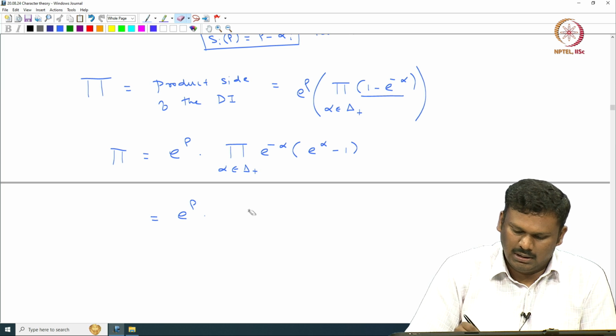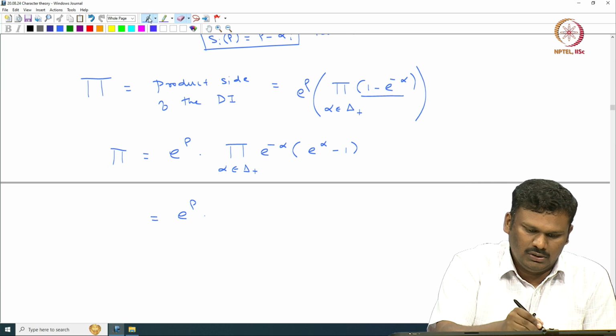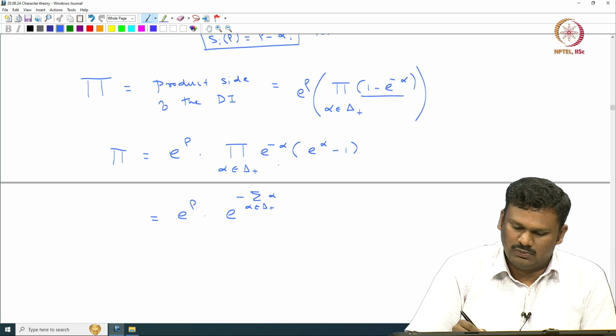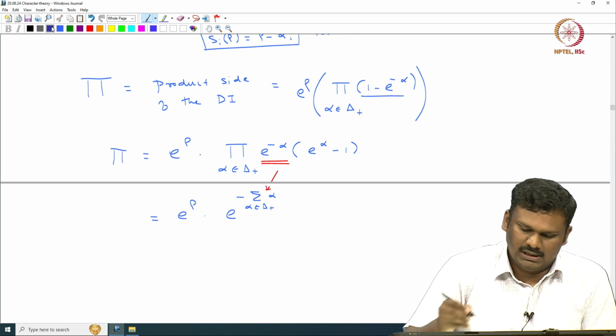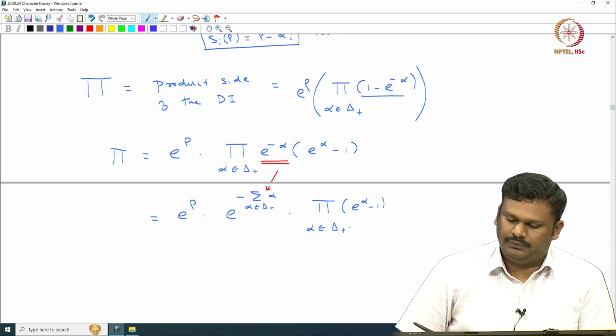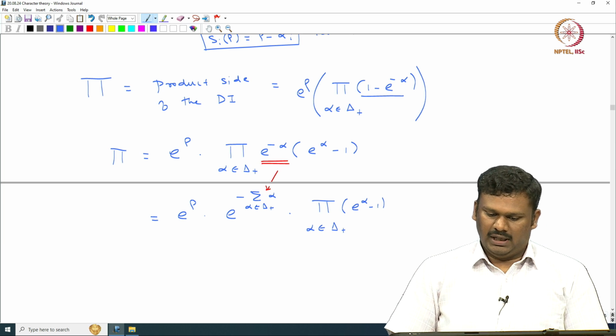So let us first take it out. Then you get e to the minus the summation of alpha in delta plus. So this is what is contributed from this particular element. Then you can see that the product of (e to the alpha minus 1), alpha in delta plus, will come. So this is just a way of rewriting things.